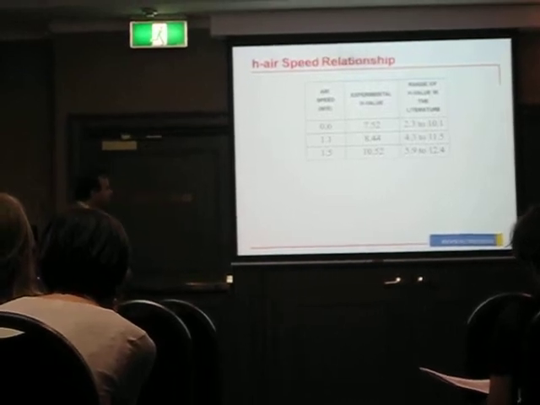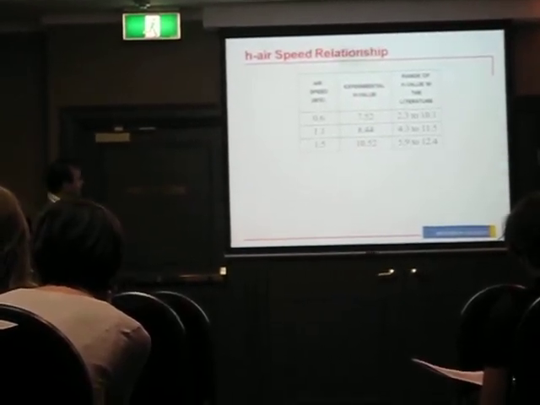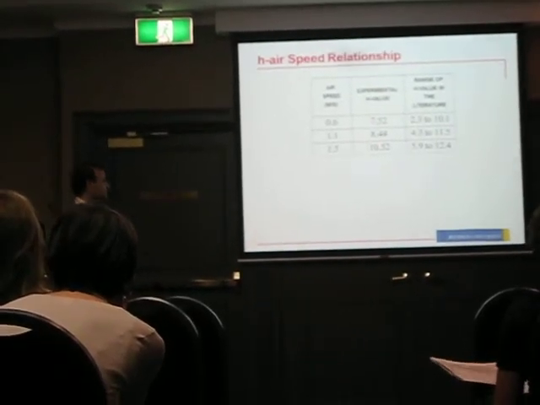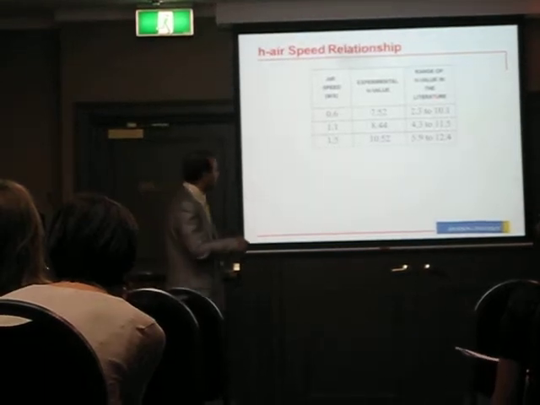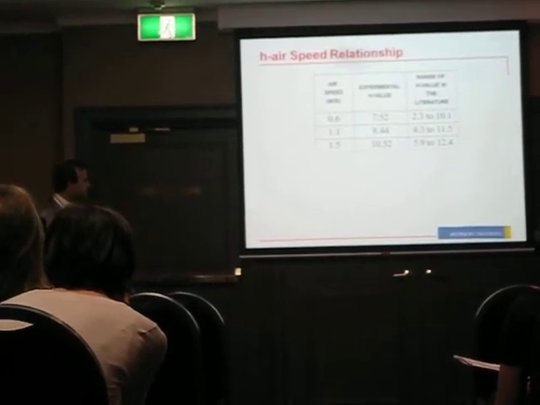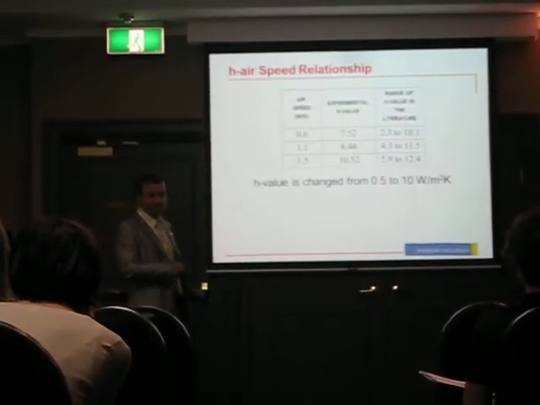So again, back to literature, thanks to all researchers, I found experimental H value could be something between 7 to 10.5-ish, something. And so I decided to get the H value from, of course, less than 1.